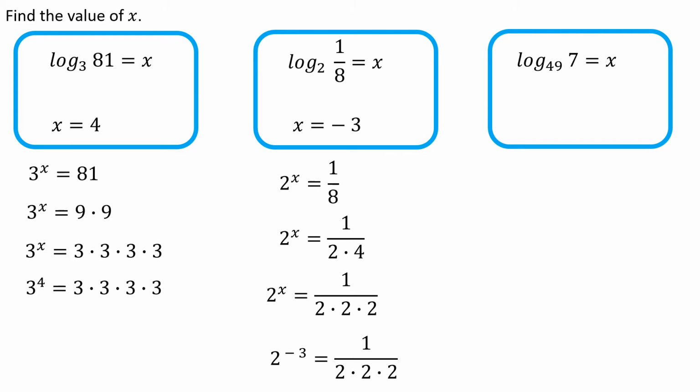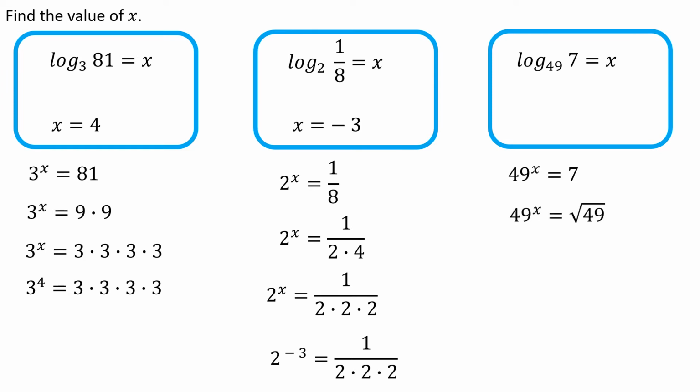Log base 49 of 7 equals x. Again, if it doesn't make any sense to me written this way, I can rewrite it. The base is 49. The exponent is x. The value has to be 7.